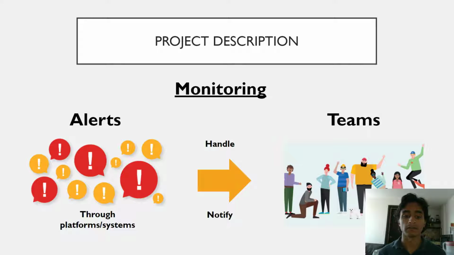And these alerts usually indicate some kind of problem with those systems. The main task involved taking those alerts and using them to notify the corresponding teams in charge of handling the problem. So the main objective of the monitoring is to prevent production from stopping in the company.